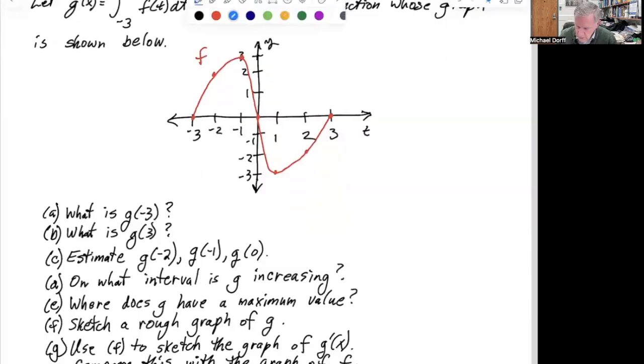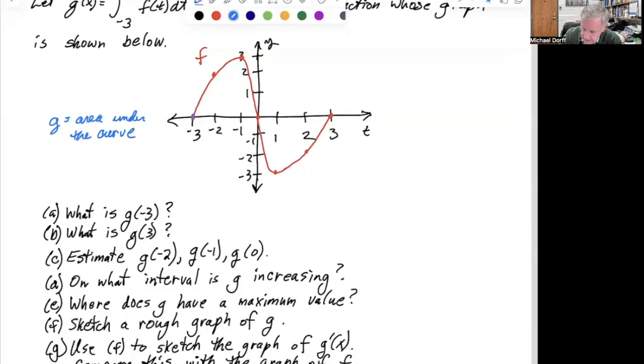All right, what is g of -3? So I should think of this: g equals the area under the curve, starting at -3 and going to x and above the x-axis. So what is g of -3?